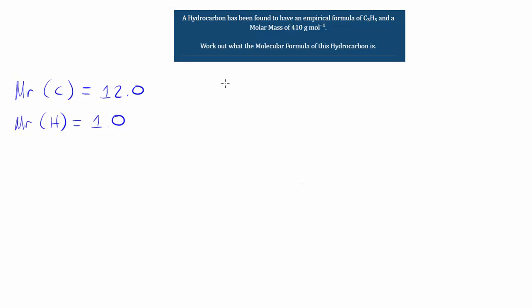In order to calculate that, you use the coefficients. So we've got C3 and we've got H₅. In the case of the C3, we're going to do 12 for carbon, so 12 times 3, and then in the case of H₅, it's going to be the 1, so plus 1 times 5.